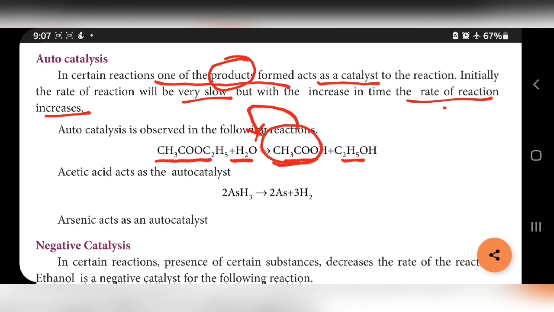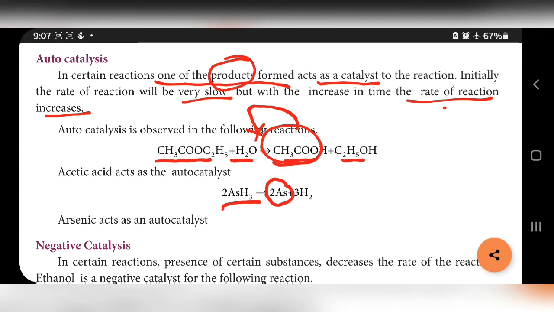In the second reaction, AsH3 is decomposed, producing arsenic and hydrogen. Here the product arsenic acts as an autocatalyst. So autocatalysis means what? Here there is no need to add a catalyst separately. One of the products itself acts as a catalyst, and that is called autocatalysis.